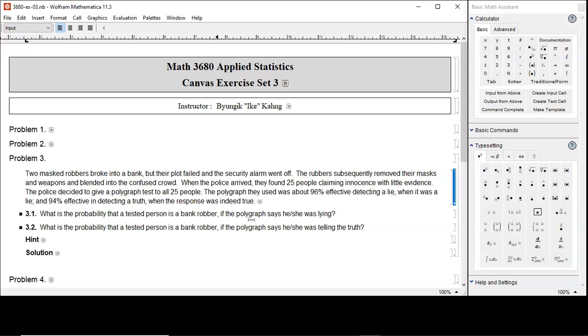So you have to gather more evidence, basically. By itself, it's not going to be accepted anywhere. And as for the second problem, if the polygraph clears the person, then the probability that this person is the actual bank robber is very, very low, so they can go home.